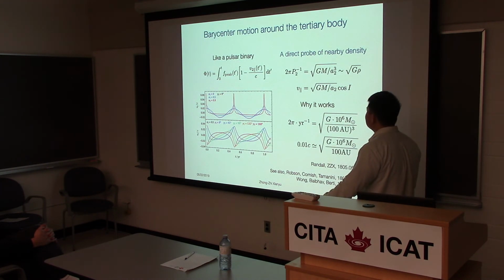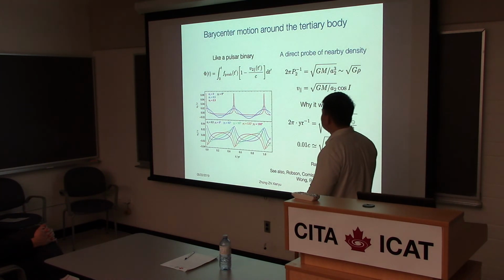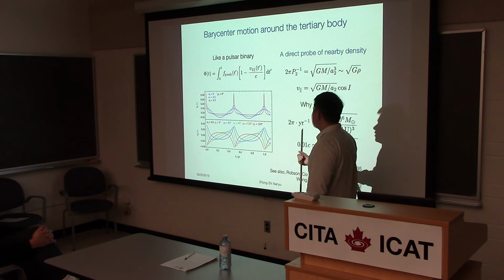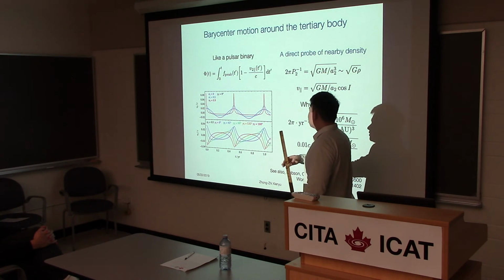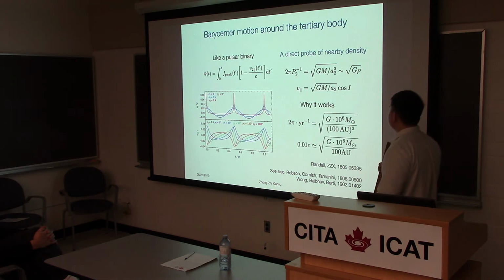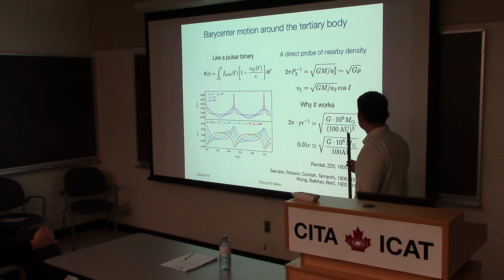And if you can do this for several years, you can do measurements of the orbital parameters of the outer, large orbit. And just to give you a sense of why this can be done, I just put some typical numbers here. In a typical galactic center, you have a million solar mass black hole.